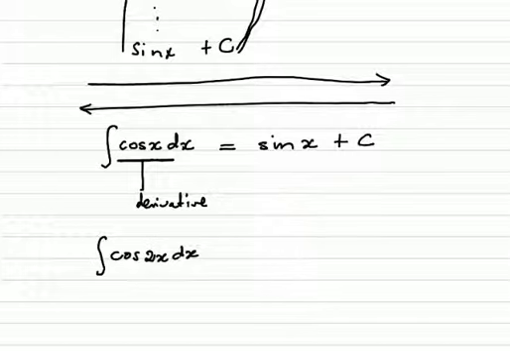But in this case, the function does not change the argument if it's being differentiated. In this case, the argument is 2x. So we know that the derivative of cosine is sine.